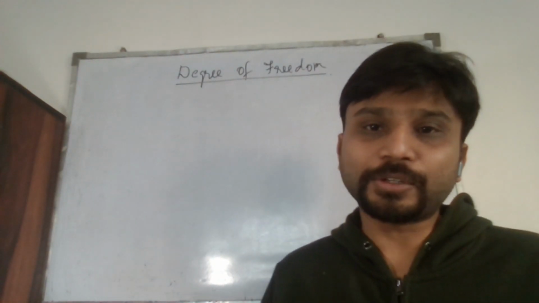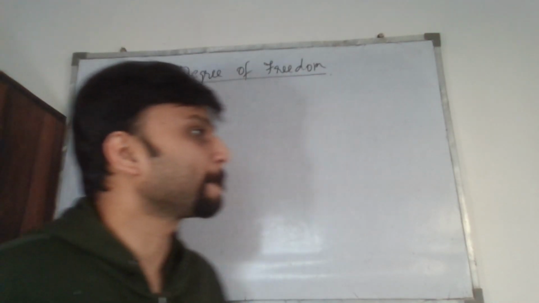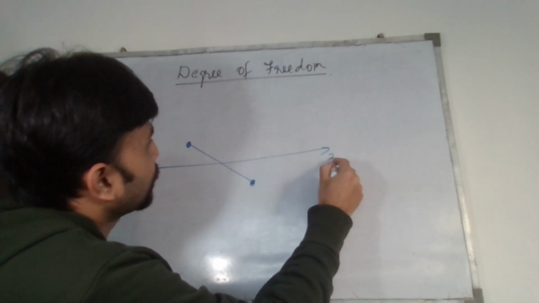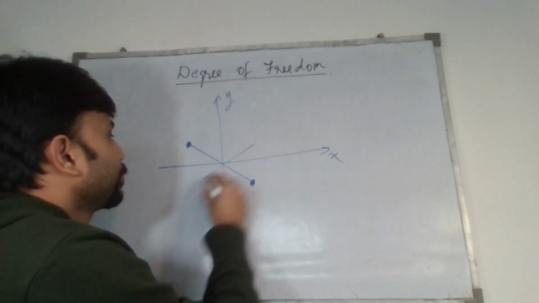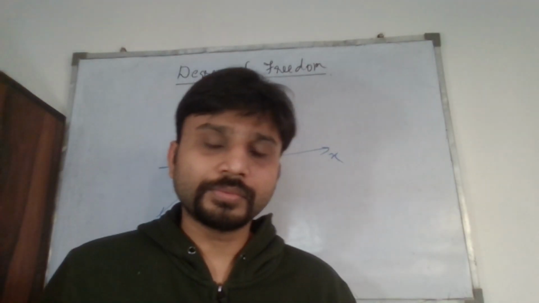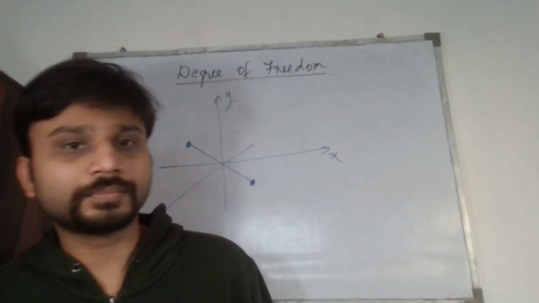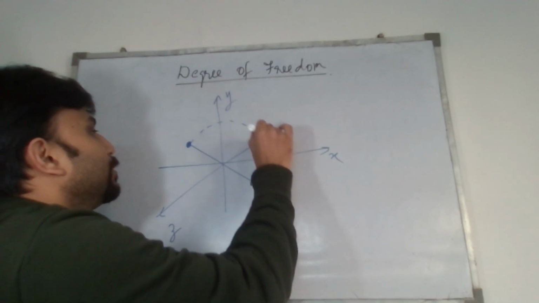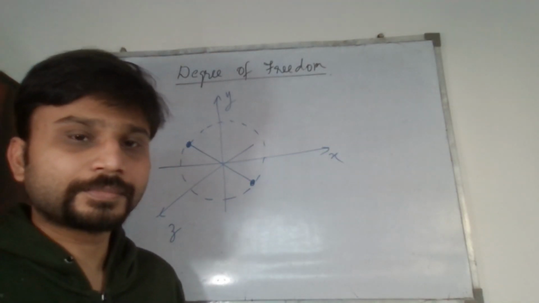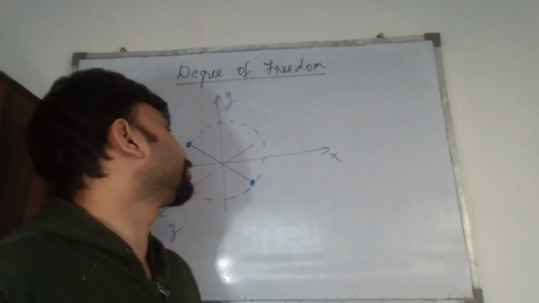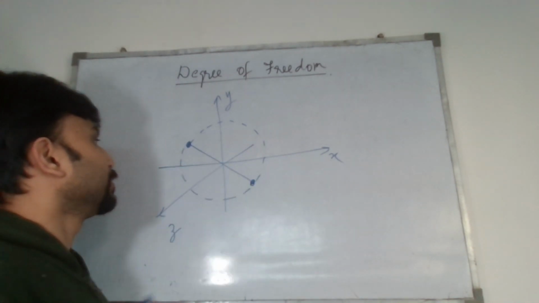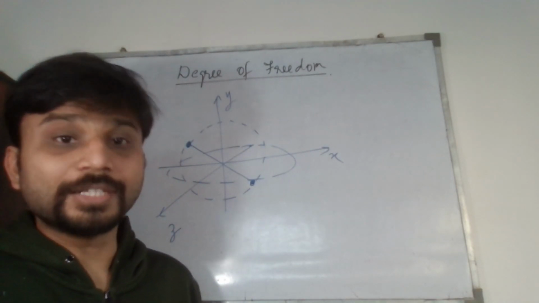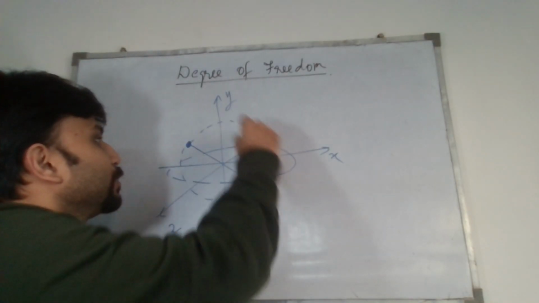Now, what about a diatomic gas? For a diatomic gas, let's say the molecule can rotate like this, or we can say the molecule rotates like this.